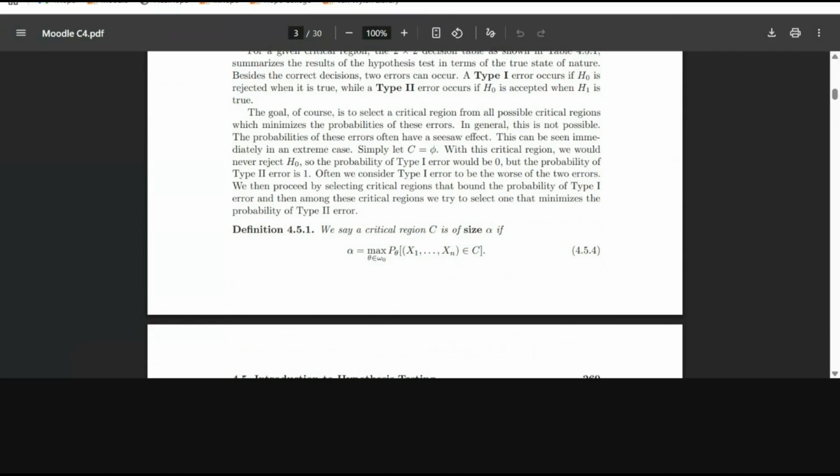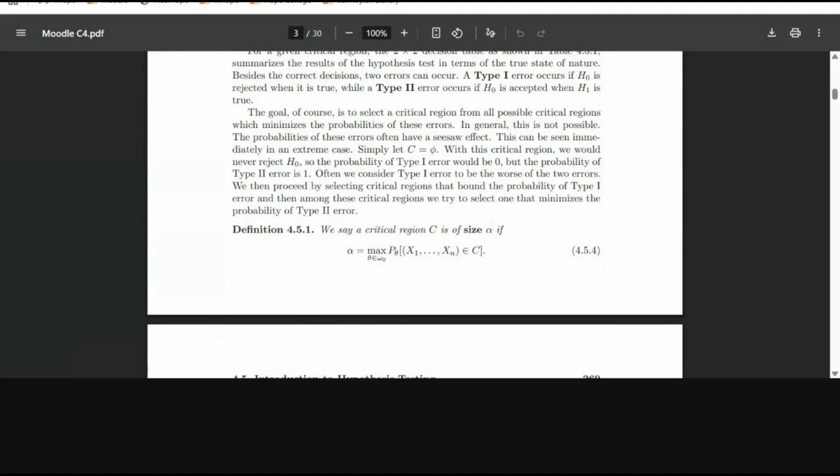Can anyone tell me what would be the definition of alpha in this case? What do I need to find the probability of? Alpha would be the probability of what? Look at the definition: x1 to xn is an element of the critical region.